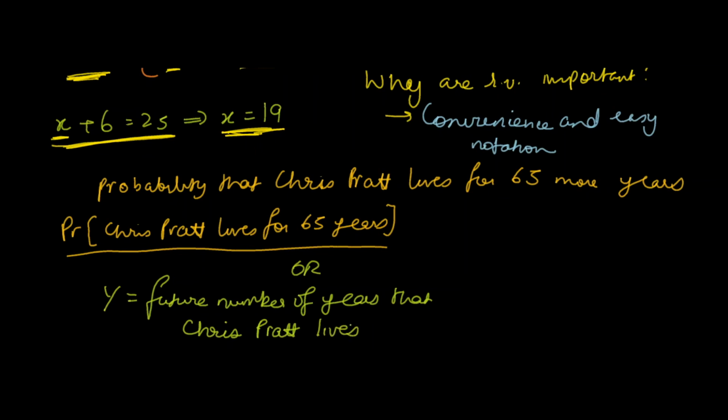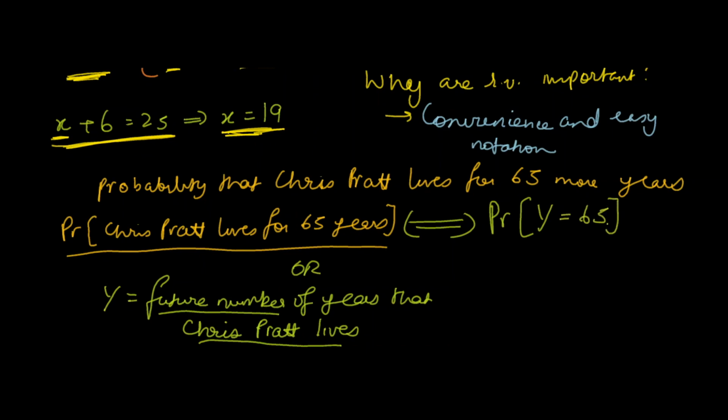And Y is a random variable because we are assigning numbers to an uncertain outcome, which is the future lifetime of Chris Pratt. And now we can write this same probability as the probability that Y is equal to 65. And I feel that that's a lot more elegant and convenient to write out if you want to do that repeatedly.